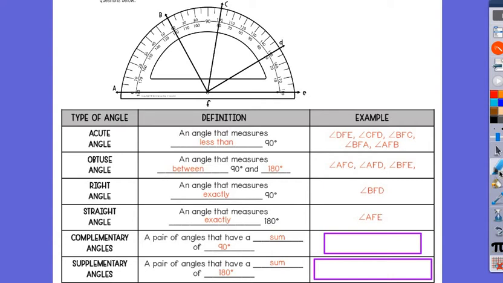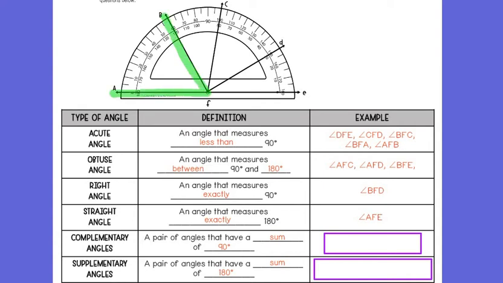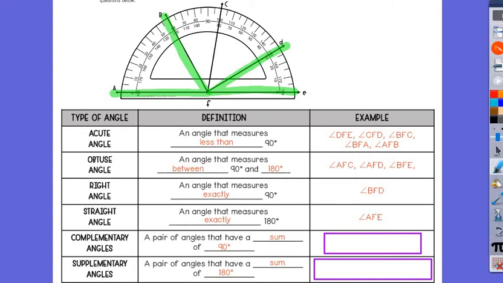Wait, never mind. Okay, AJ? AFB and DFE. He says that these two are complementary, meaning they add up to 90.